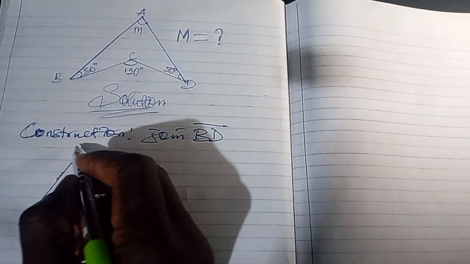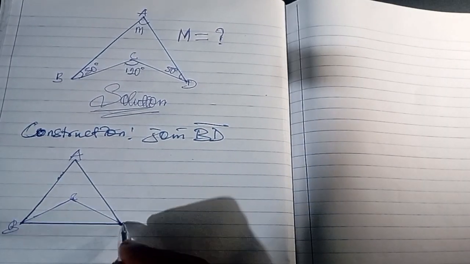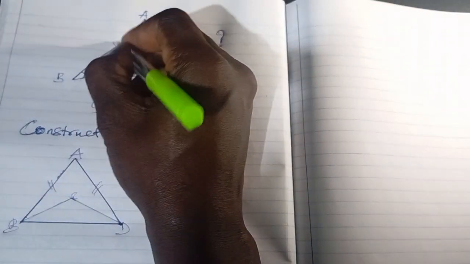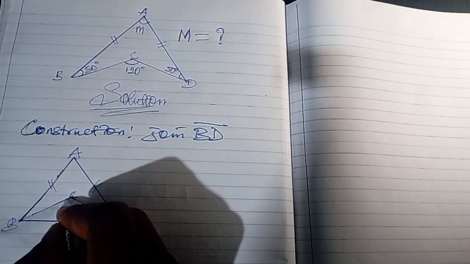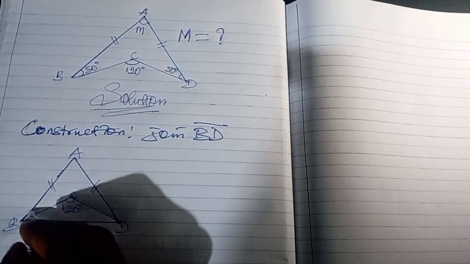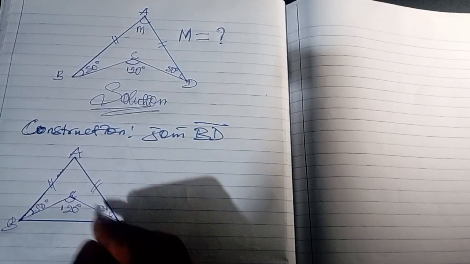Okay, so we have something like this: A, B, C, and D. Remember, this length and this length are equal. So this is our 120 degrees. Then here is 50 degrees, here is 50 degrees.